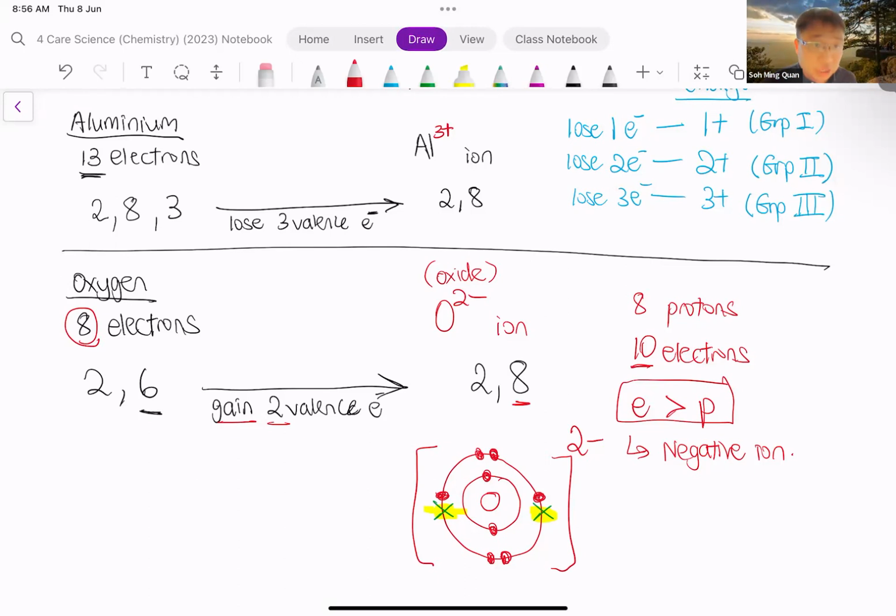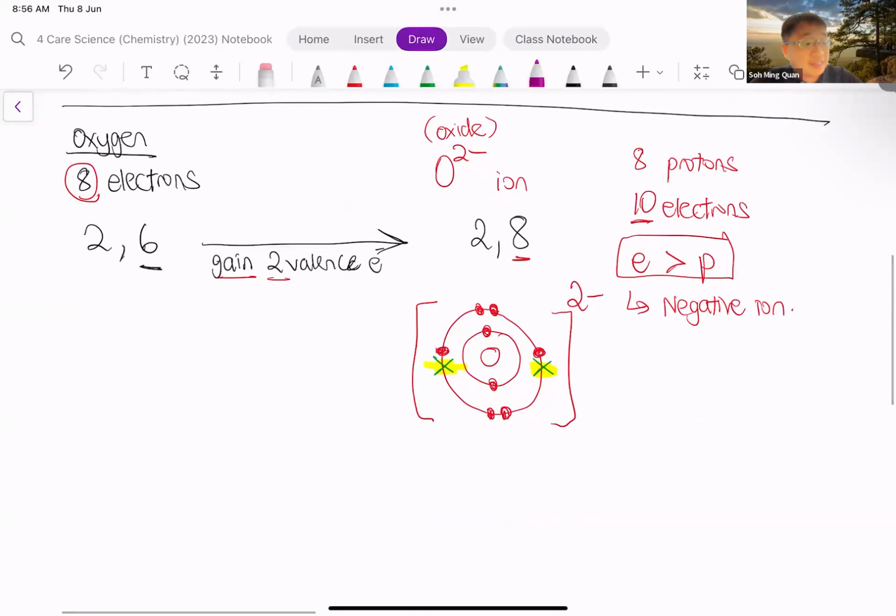So oxygen is a typical non-metal. Non-metals gain valence electrons in order to form negative ions with a fully filled outermost electron shell. So how do we explain in words how this works?